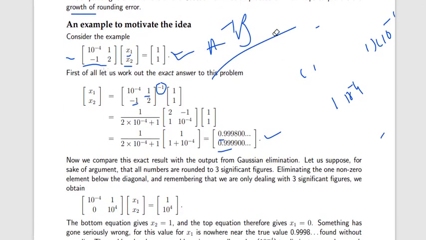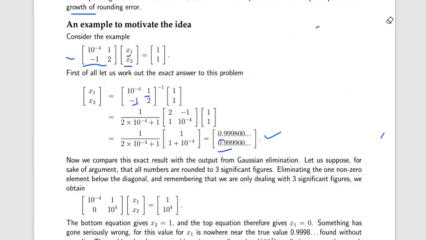First of all, we take the first row, first column as the diagonal, and below its element we transform the entries into 0. How do we transform this into 0? We multiply the first row by 10 raised to 4 and add it to the second row.